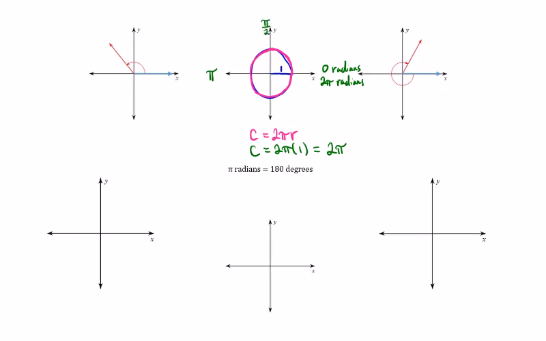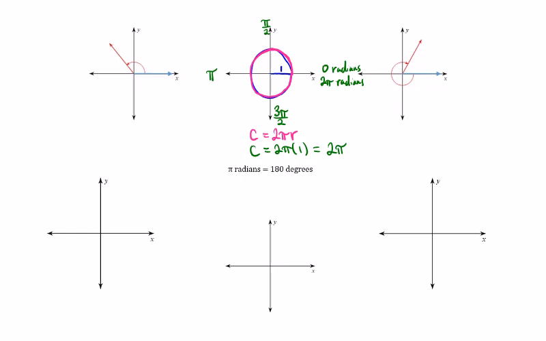So if I go another right angle to get here, I add pi plus half a pi, which is 3/2 pi, 3 pi over 2. And then another half would make 4 pi over 2, which is 2 pi.